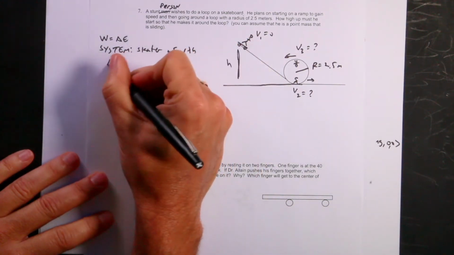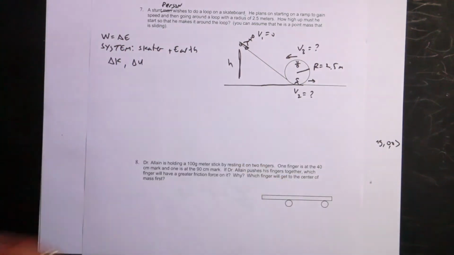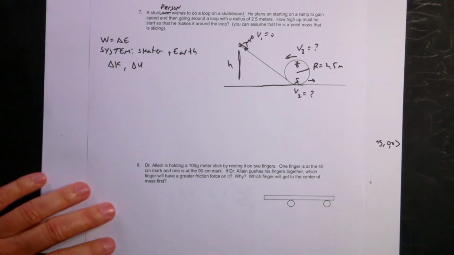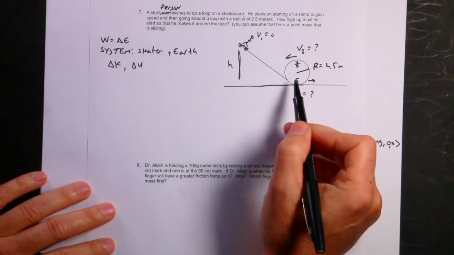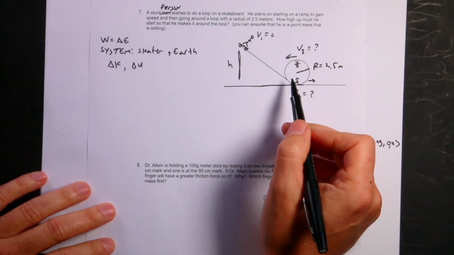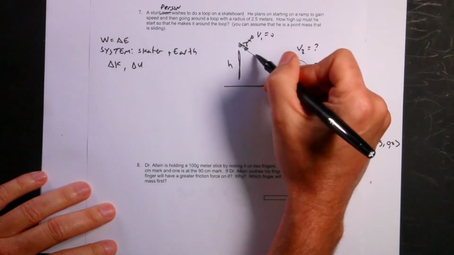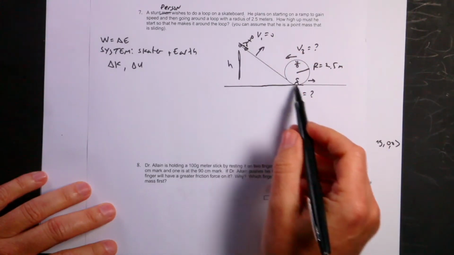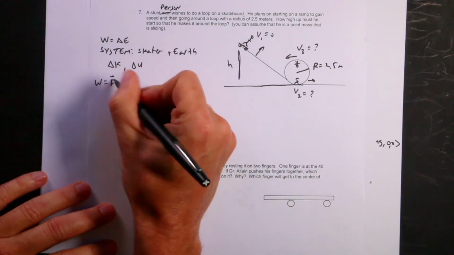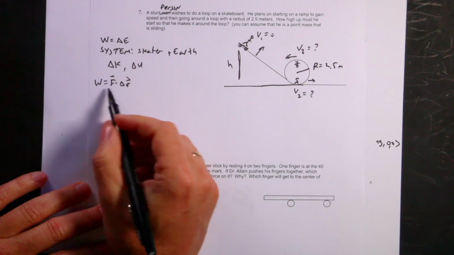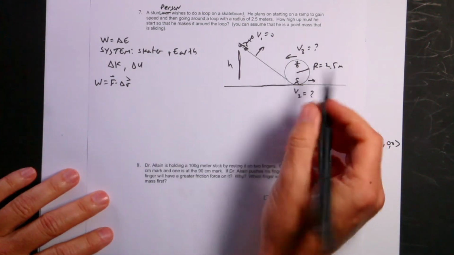That means I can have a change in kinetic energy and a change in gravitational potential energy. If I want to find how fast they're going at these different locations, that's fine. Here's the person up here. There is a normal force on the person that's perpendicular to the direction they travel, so the work done by that is 0. Work equals F dot delta r, but if those two are perpendicular, then the work done is 0. So the normal force doesn't do any work.